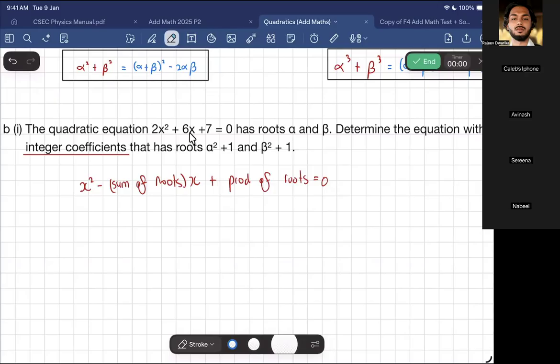Sent it, sir. Nice. So try to send your full working. Yes, sir. So Caleb and Nabil, you guys will be helping me with this question.